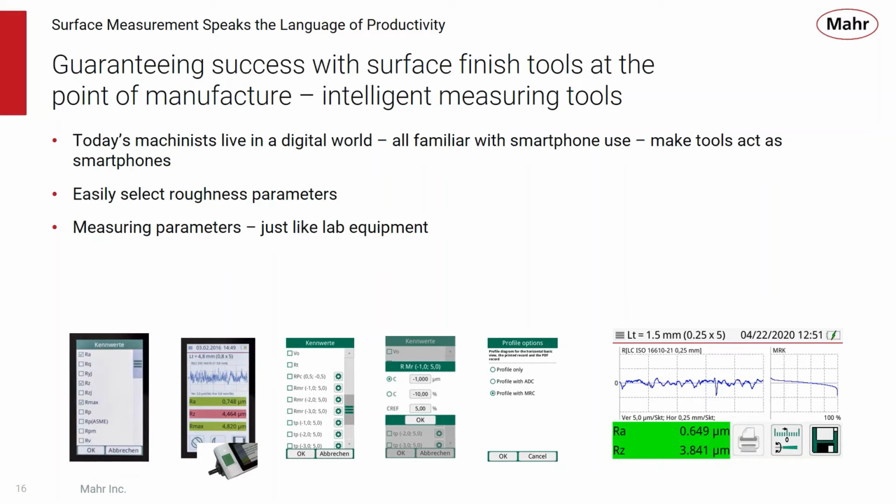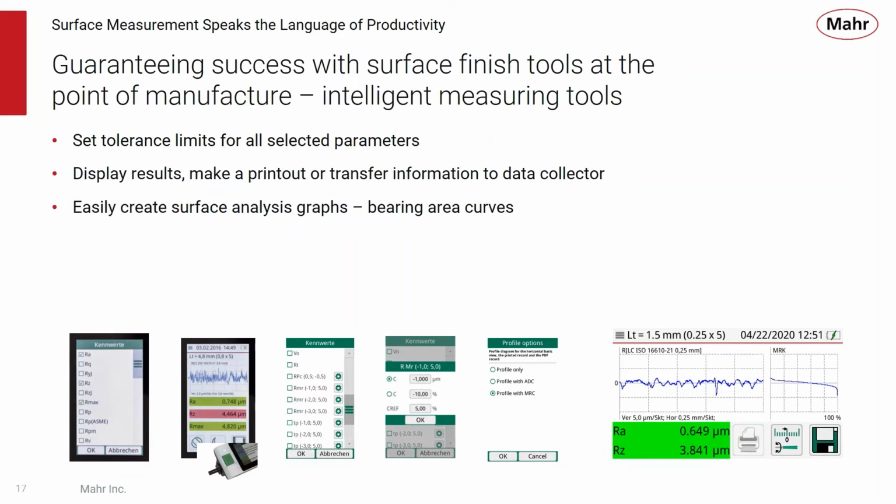And the measuring instruments all have the same parameters and are just as powerful as some of the lab equipment that we manufacture. So you can see there's some screens down here. They look very much like a smartphone, different orientations, different graphs, a very clear, easy to use user interface.